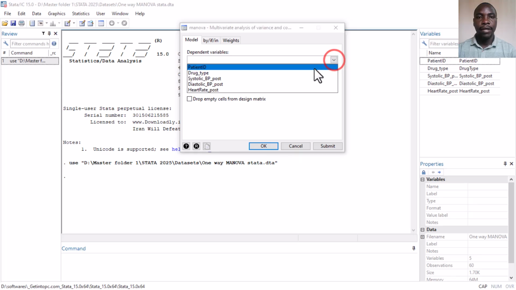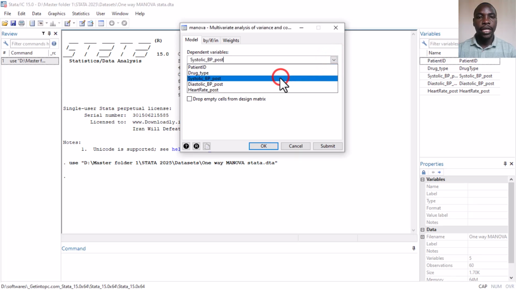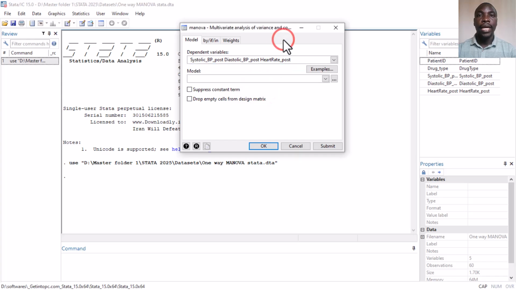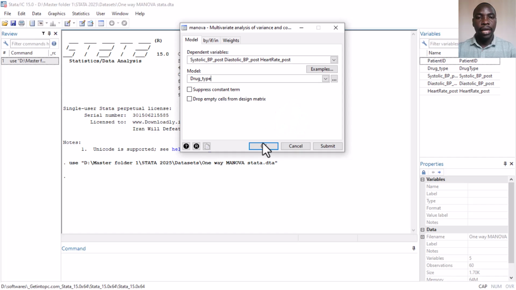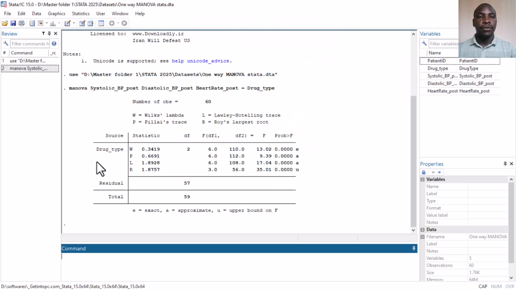Here we have systolic blood pressure, diastolic, and heart rate. Those are the 3 dependent variables that we want to analyze together. Then in our model, we specify our independent variable, which is drug type, and then click OK.